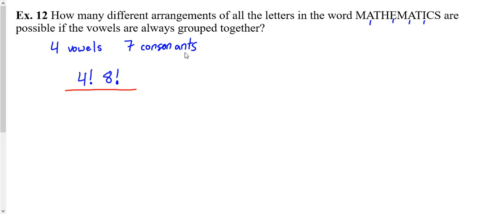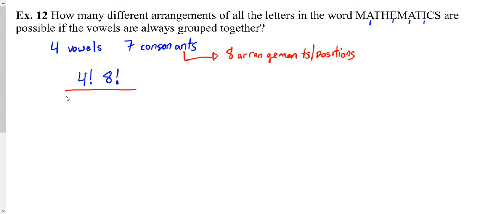Again, where does this 8 come from? This is 8 arrangements, or you can call them positions. So, going back to our question, we have 4 factorial, 4 vowels all together in some sort of order, 8 factorial, 8 positions where those 4 vowels could be stuck together in between all these other letters.